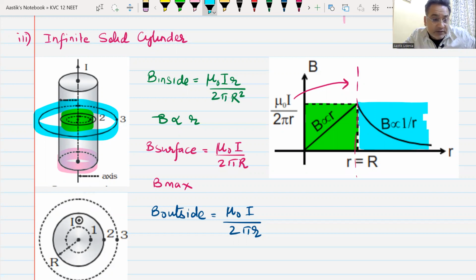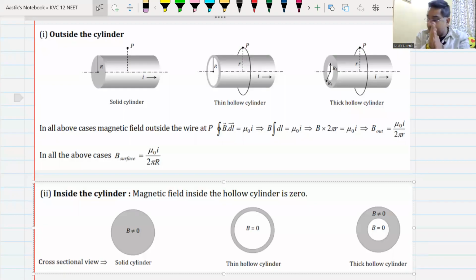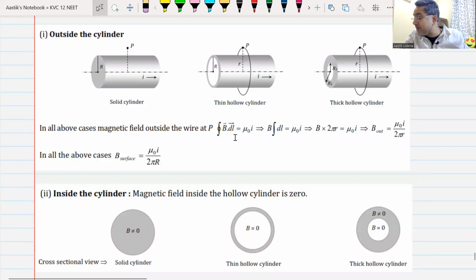Just give me a minute. Okay. These are all the cases put together for the wire or the cylinder. Remember, all the wires or all the cylinders are infinite in length.